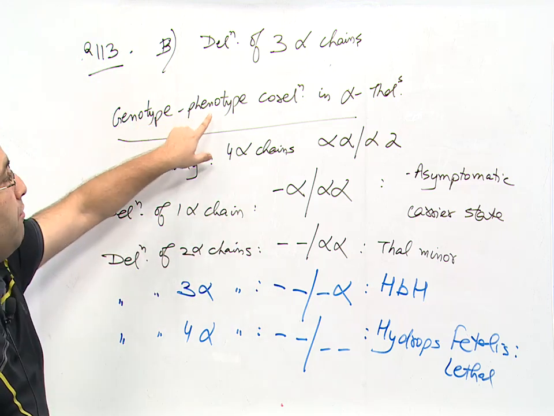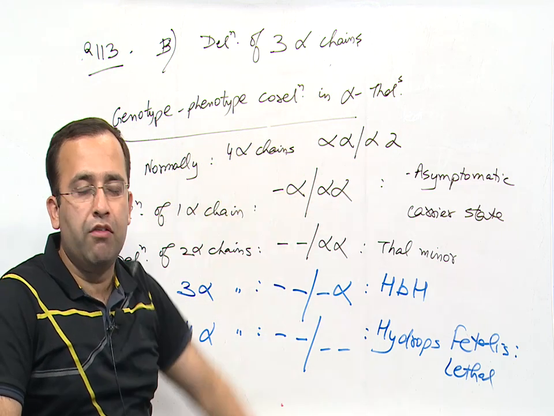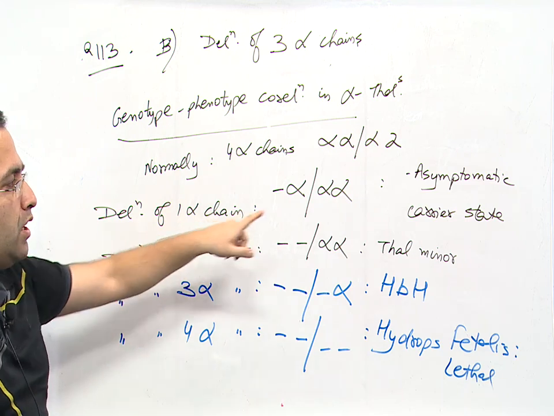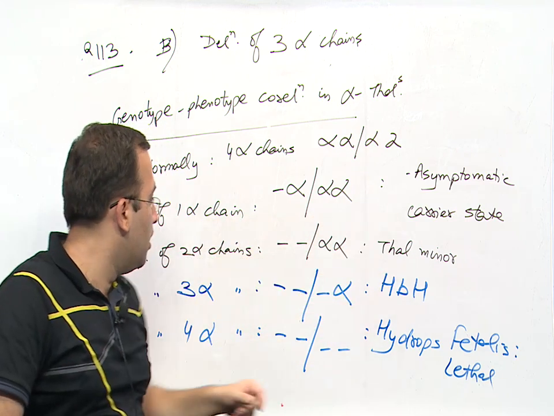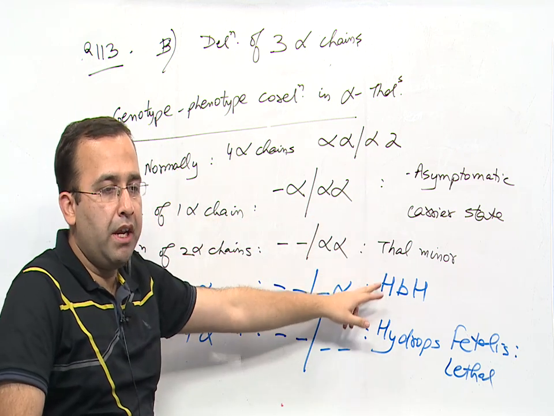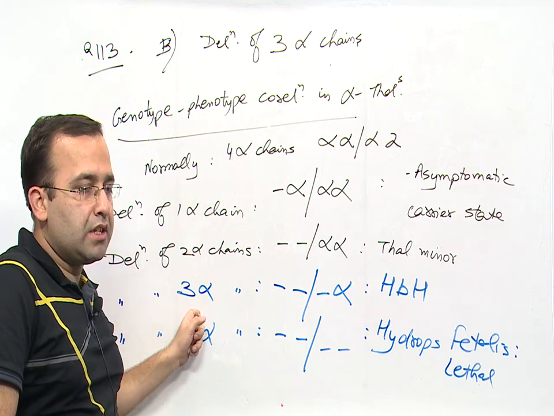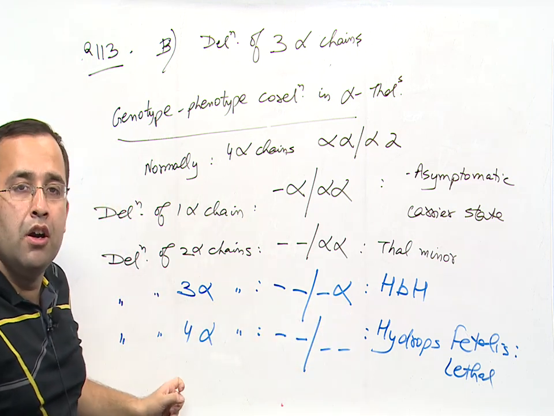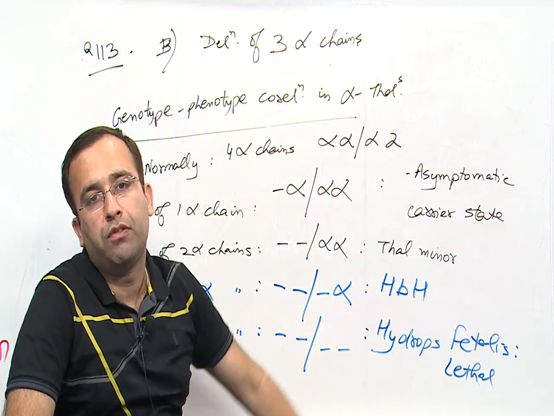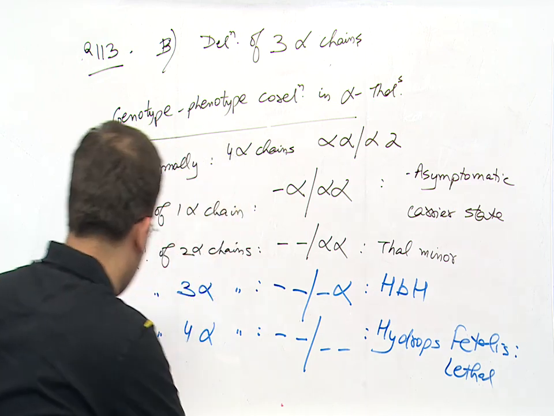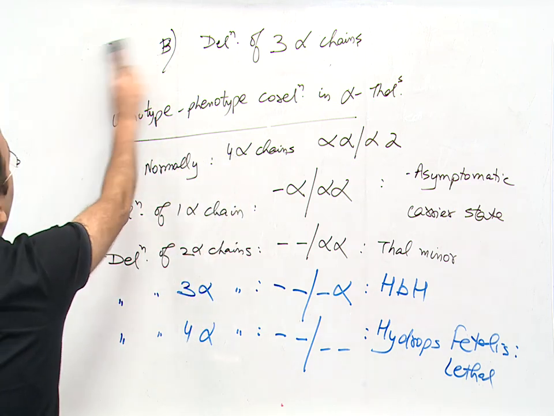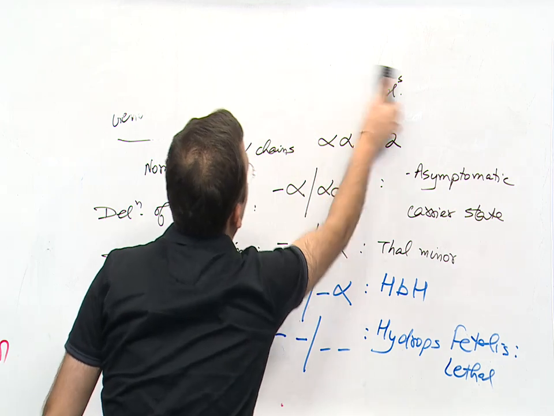So, genotype-phenotype correlation in alpha thalassemia: deletion of 1 chain, asymptomatic carrier state; 2 chains, thal minor; 3 chains, HBH disease; 4 chains, Hydrops fetalis, which is lethal in utero. Next.